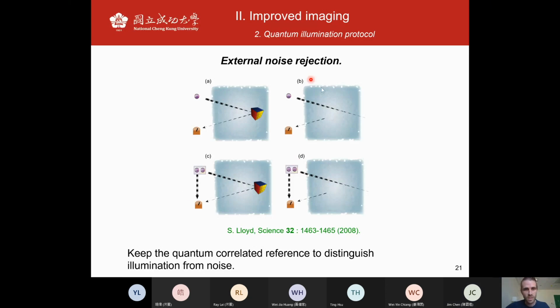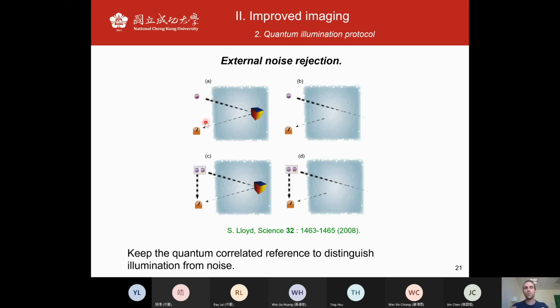So what I was telling you is that classically we've got this type of scheme where we cannot really distinguish between light that comes from the environment and light that is backscattered, originating from your actual source.